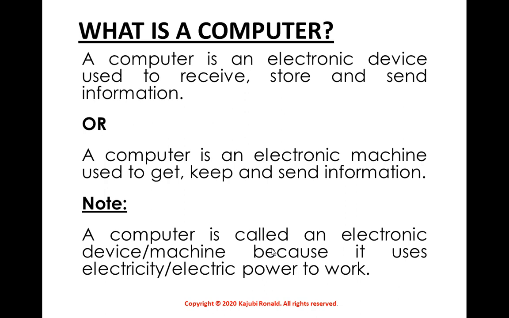Device simply means a machine. So a computer is an electronic device used to receive, store, and send information. It is called an electronic device because it uses electric power to work, right?